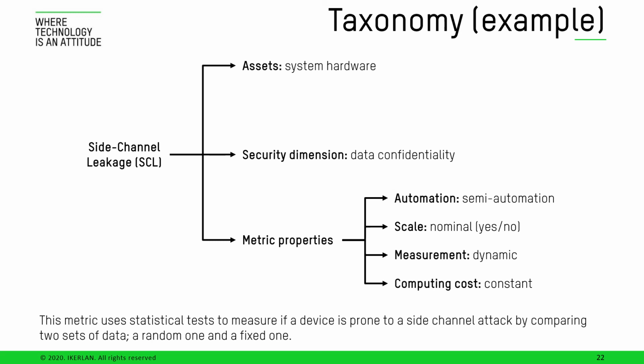It is related to data confidentiality, and the properties that this metric has are that it can be obtained using semi-automatic tools. It returns a nominal result: either it leaks some information, or our system does not leak any information. It has to be evaluated while the system is running, so it's dynamic, and finally the computing cost of this metric is constant.